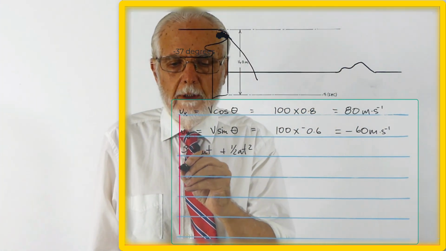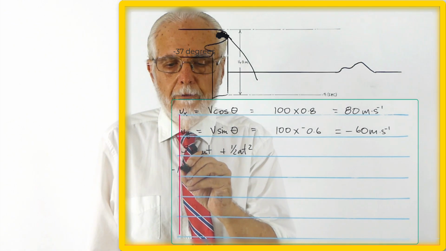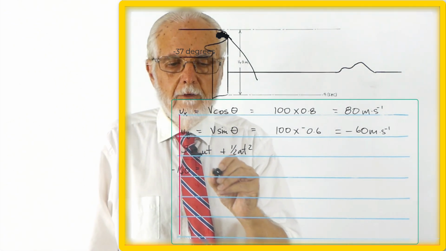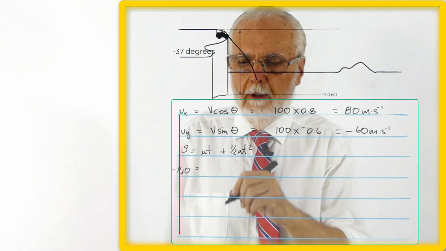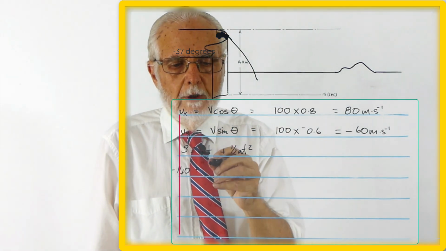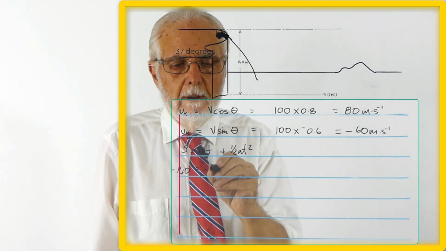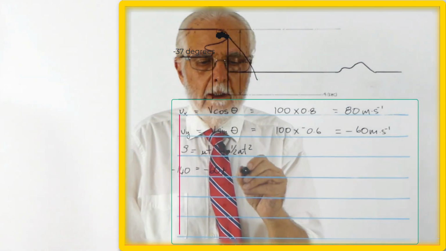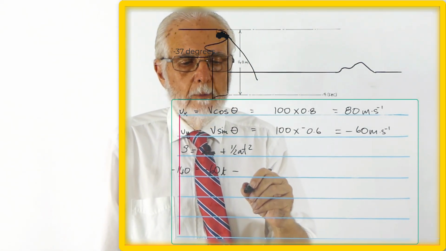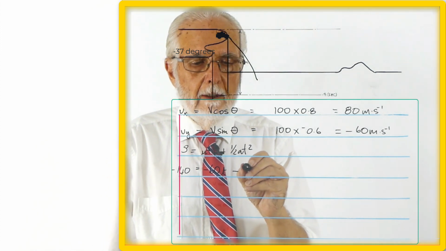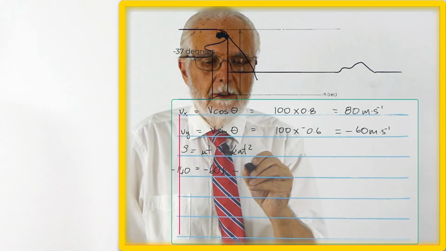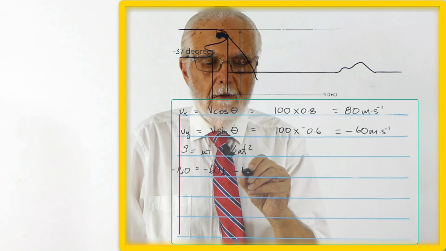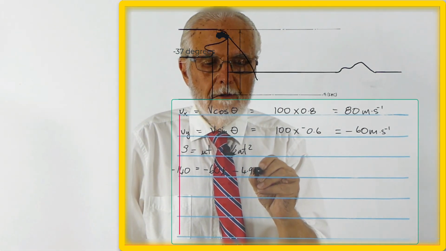So we proceed. Negative 140 for S, because it's going down, is equal to the negative vertical velocity, which is negative 60 metres a second. And as always, when we're using gravity, half a t squared becomes a half g t squared, which is negative 4.9 t squared.